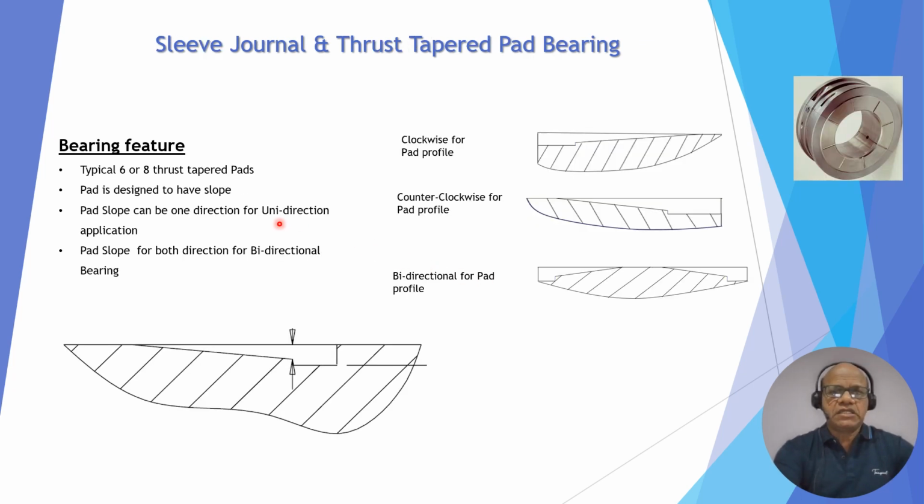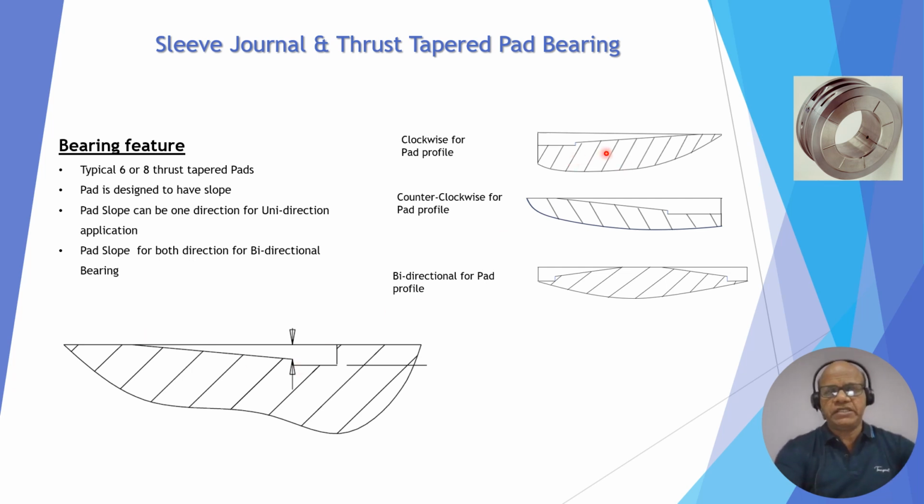Now, the sleeve journal and thrust tapered bearing. This is a taper bearing. If you look very closely, there are a number of pads, maybe sometimes 6, sometimes 8, and the pads have a slope. If you look carefully, the pad is rising like this. So it can be one direction or both directions.